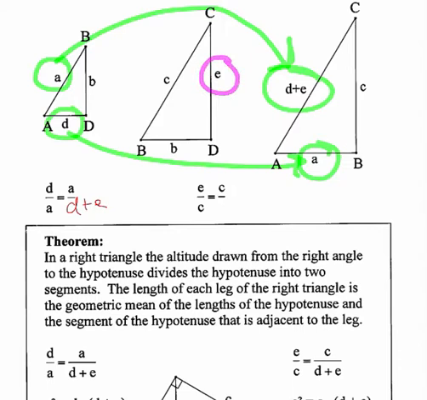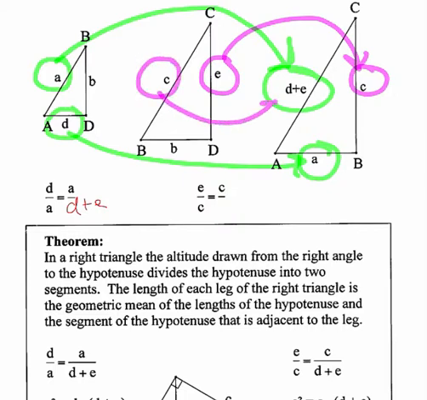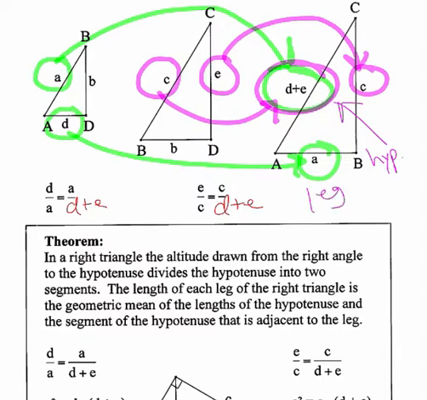If I compare E to C, and then I come back and compare C, the hypotenuse, to the hypotenuse D plus E, I get another geometric mean, and both of them use D plus E. So the main part we're interested in here is this D plus E, the hypotenuse of the original big triangle that I started with. And A was a leg of that triangle, and so was C.